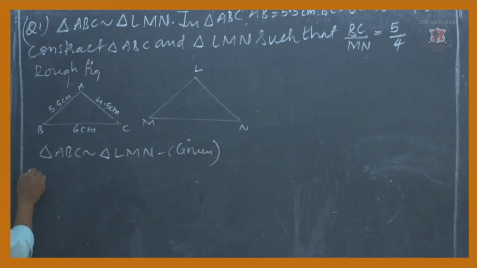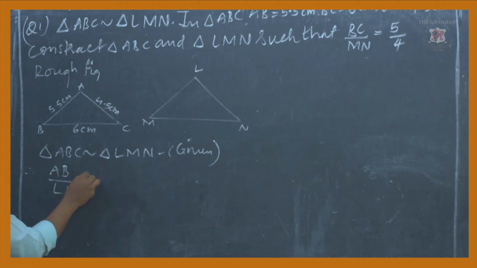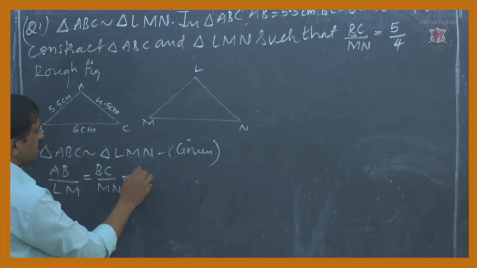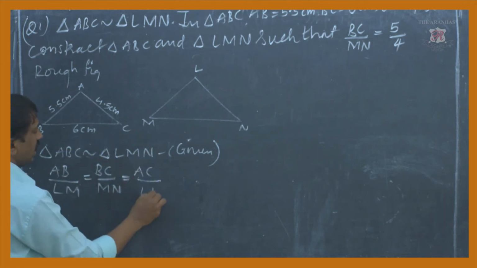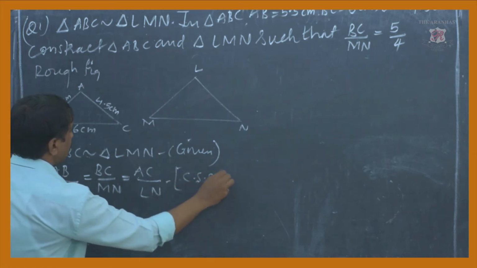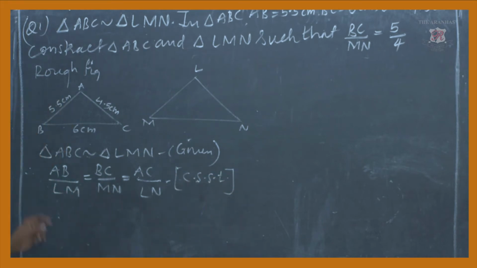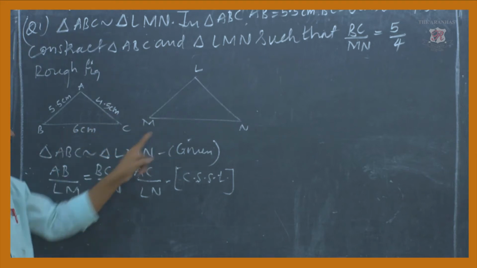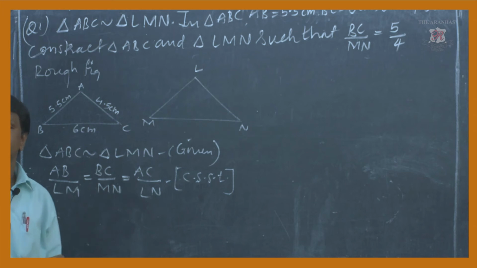With the help of the corresponding sides of the triangles, write them according to the correspondence. So AB upon LM is equal to BC upon MN, which is also equal to AC upon LN. These are the corresponding sides of similar triangles, CSSTP. AB upon LM equals BC upon MN equals AC upon LN, according to the correspondence.